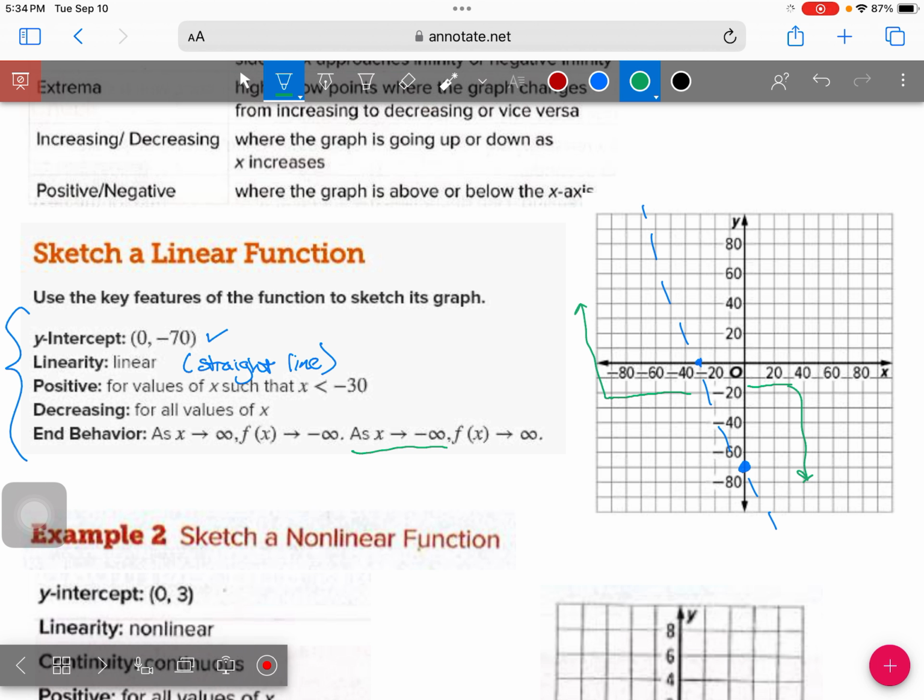So positive for values of x, meaning it's going to be above 0 here. So everything above up here, this would be positive. Everything down below would be negative. So it goes positive where x is less than -30.